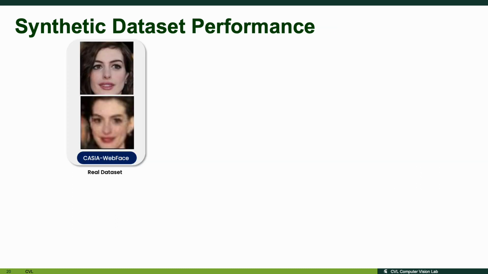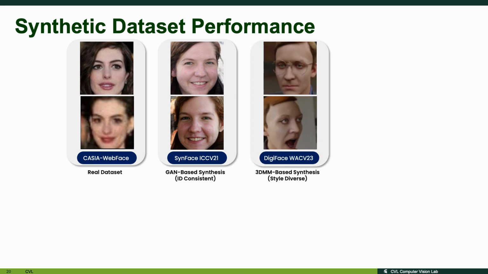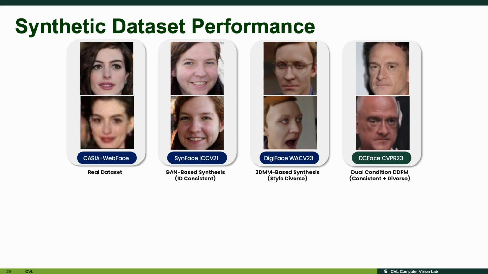We conducted experiments using different training datasets for face recognition models, including a real dataset called CASIA-WebFace, CVPR based on GAN, DCFace based on 3D models, and our own method utilizing dual condition diffusion models.